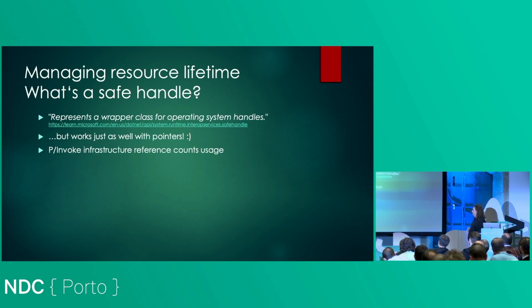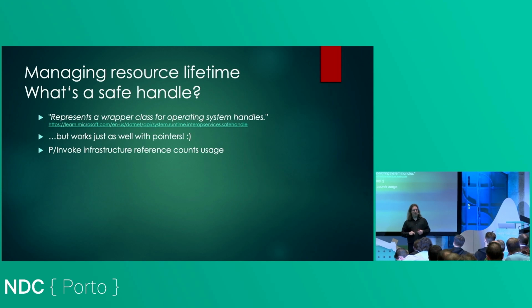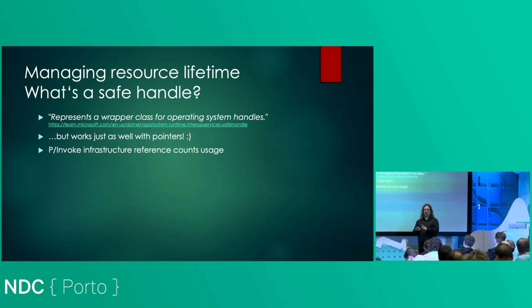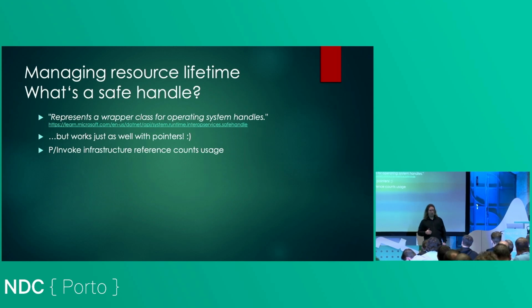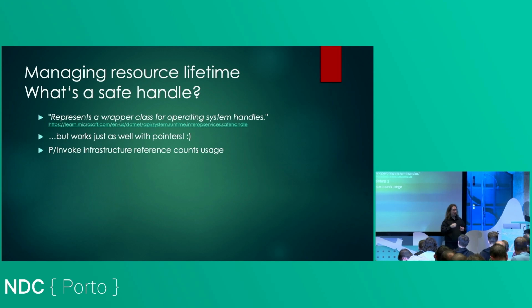But we get another interesting benefit, and that is reference counting. Obviously, as you make your calls, you don't want this unmanaged resource to be freed before your last call returns. I'm not talking about callbacks yet, because that makes it more complicated. It's synchronous calls, right? You want to make sure that you don't free your native unmanaged resource until the last call comes in, and the runtime does reference counting.